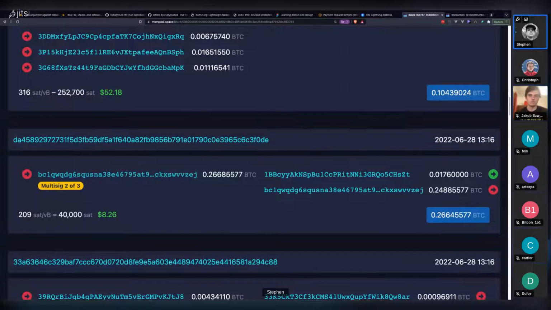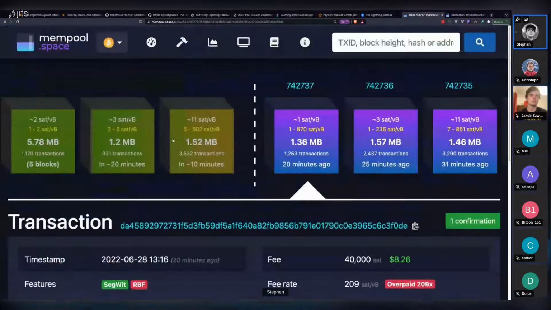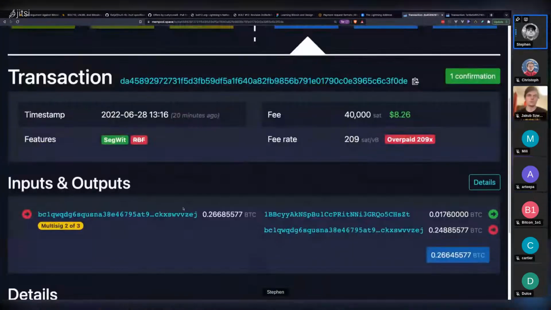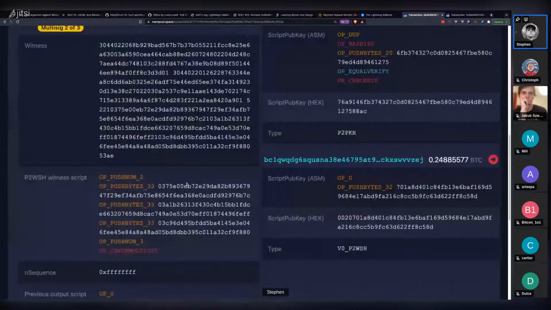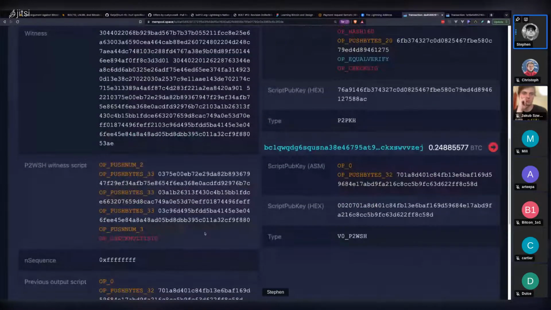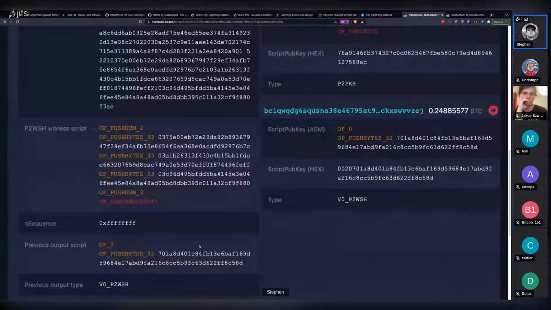How do we know that this transaction took 2 out of 3 spenders to sign off on it? Well, we can look at the transaction details and the types of scripts they're using, and we can tell very easily some of how this Bitcoin is secured.